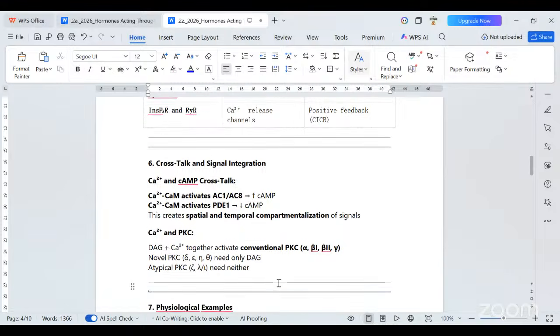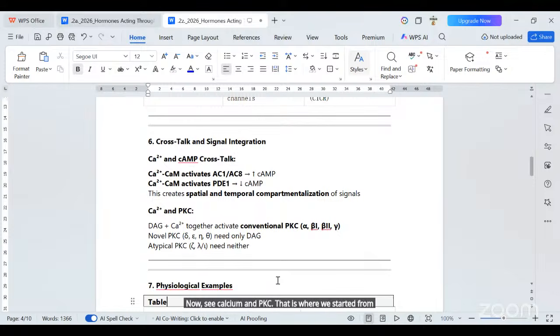Now, see calcium and PKC. That is where we started from. DAG, that's diacylglycerol, and calcium together activate PKC. And PKC has 4 subunits.